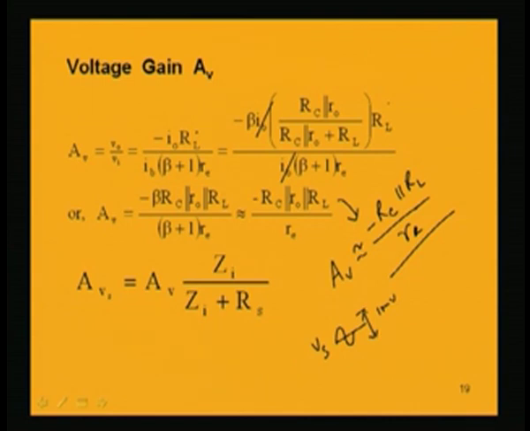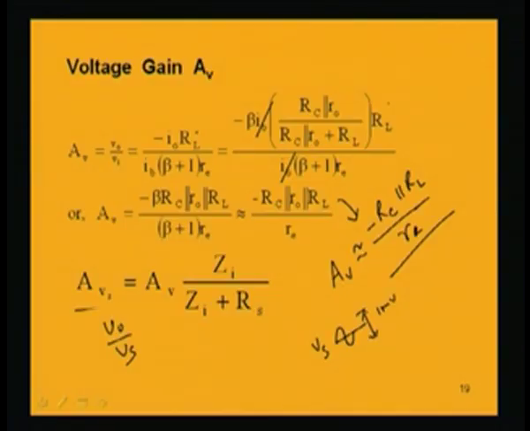That can be found by finding the overall voltage gain AVS, because AVS is nothing but V0 by Vs, the final output voltage by the input signal at the source. That gives the measure of overall voltage gain. Using the expression we have already discussed, AVS is AV, the voltage gain, into Zi by Zi plus Rs.